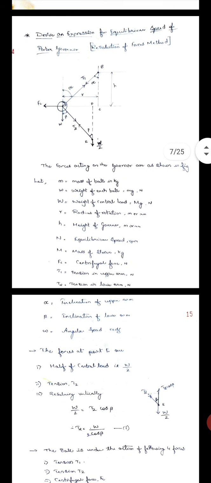T2 is the tension in the lower arm in newtons. Alpha is the inclination of the upper arm. Beta is the inclination of the lower arm. Omega is the angular speed of the governor in radians per second.